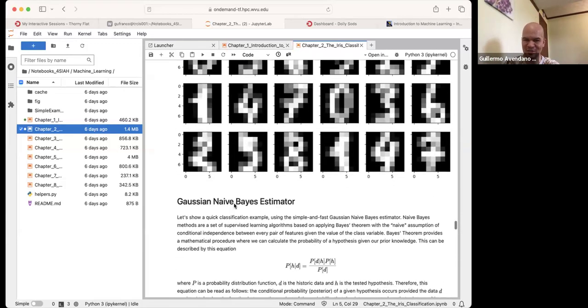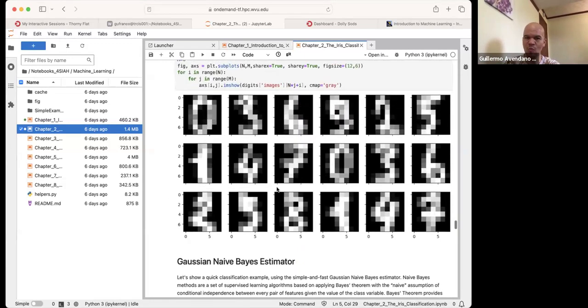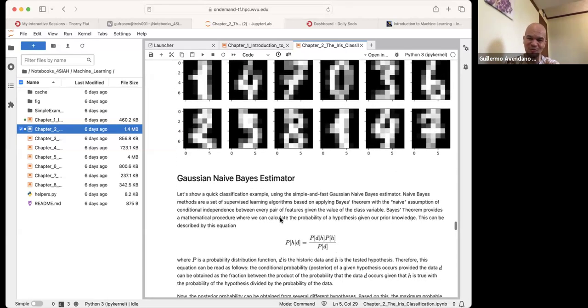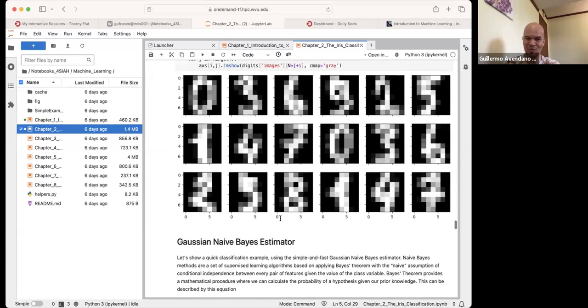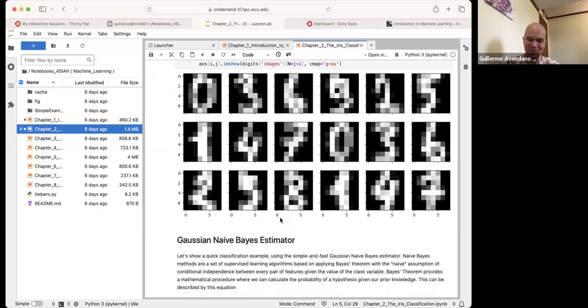But in this case, it's just classical machine learning. So imagine that, from just looking at those, you have an idea that this is a 5, that this is probably a 4 or something. That is very crude. It will have a lot of errors, even for a human to make sense of which is the number behind it.